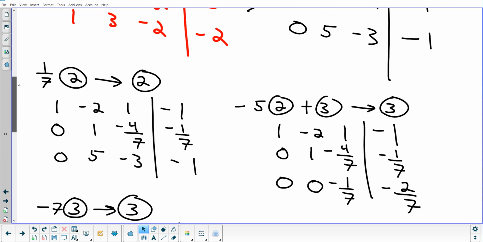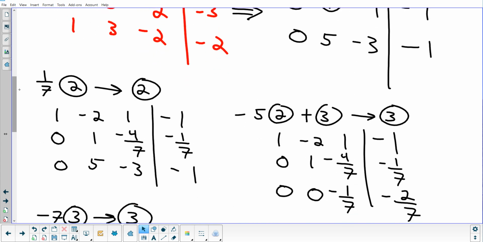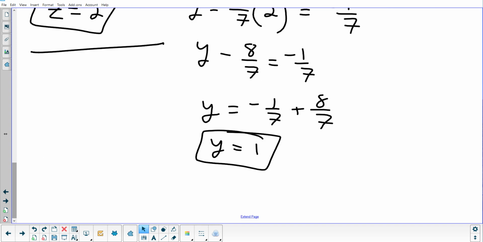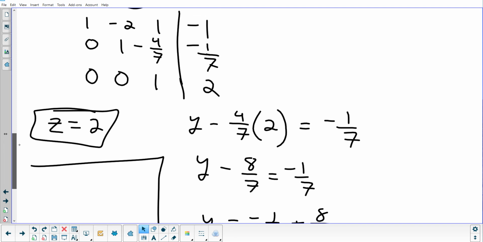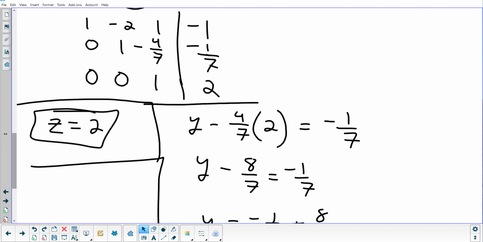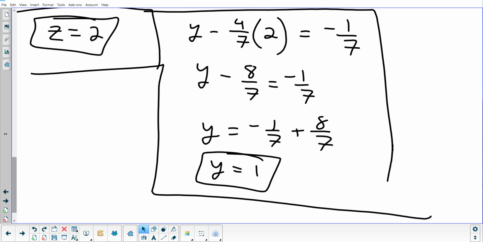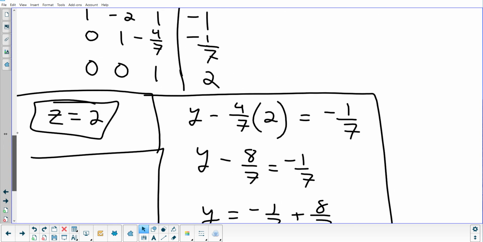Now, let's go all the way back to the original equation and get x. X minus 2y plus z. So that was the z, that was the y, and now we're going to do the x.